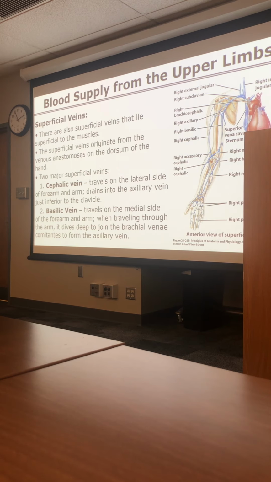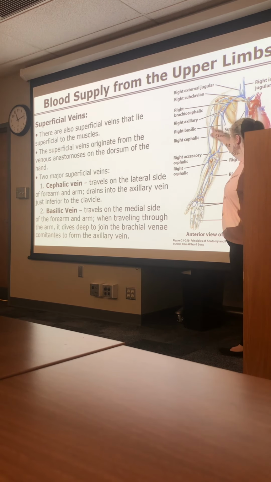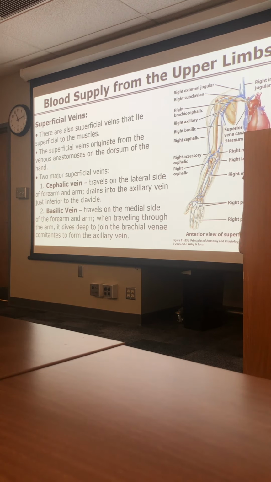Our basilic vein is running on the medial aspect of our arm and forearm, okay? Our basilic vein is going to drain into or form the axillary vein, okay? And our cephalic vein also drains into our axillary vein, just higher up. So basilic comes in and forms our axillary, and cephalic drains into the axillary.